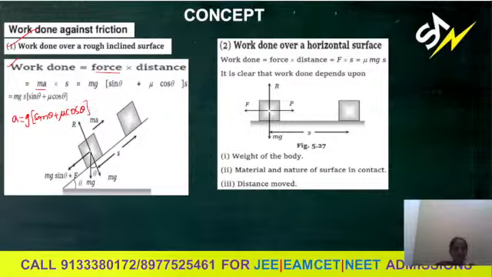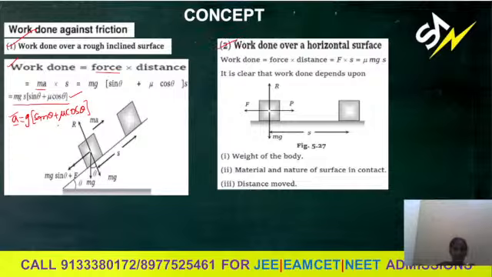Now the work done will be m into this acceleration into s, so it becomes m g s into sin theta plus mu cos theta. We are finding the work done against friction, so you need to consider the acceleration with the frictional value. So this is the acceleration and this is the work done.